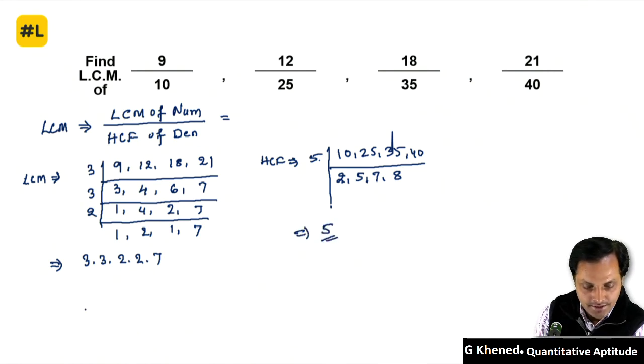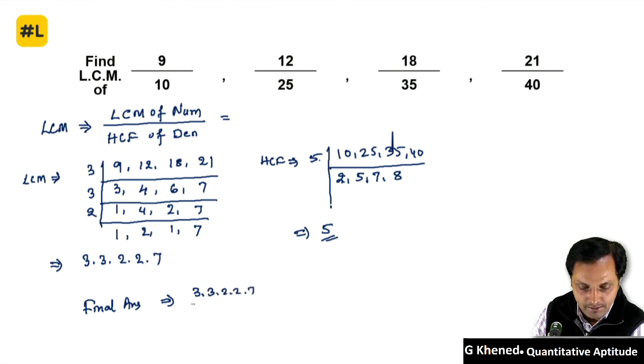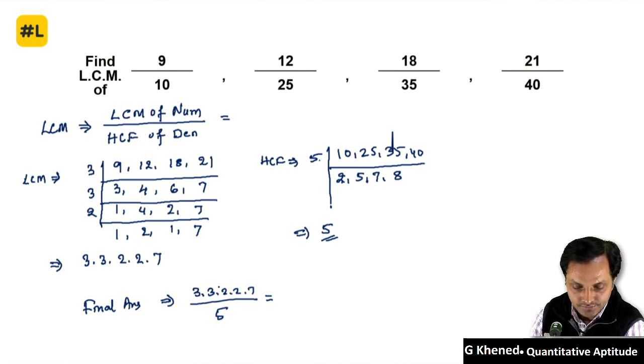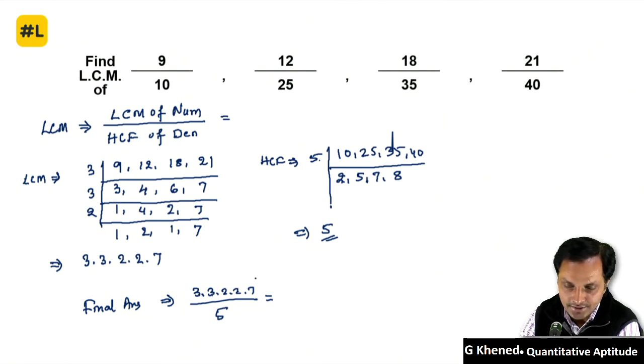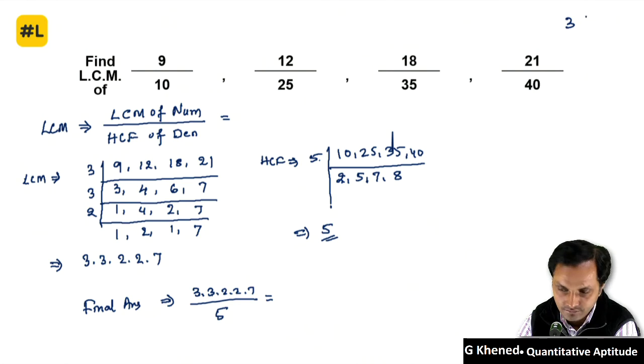Therefore your final answer is LCM of the numerator, 3 into 3 into 2 into 2 into 7, by HCF of the denominator, which is 5. So 3 3s are 9, 9 4s are 36, 36 into 7 is 252.